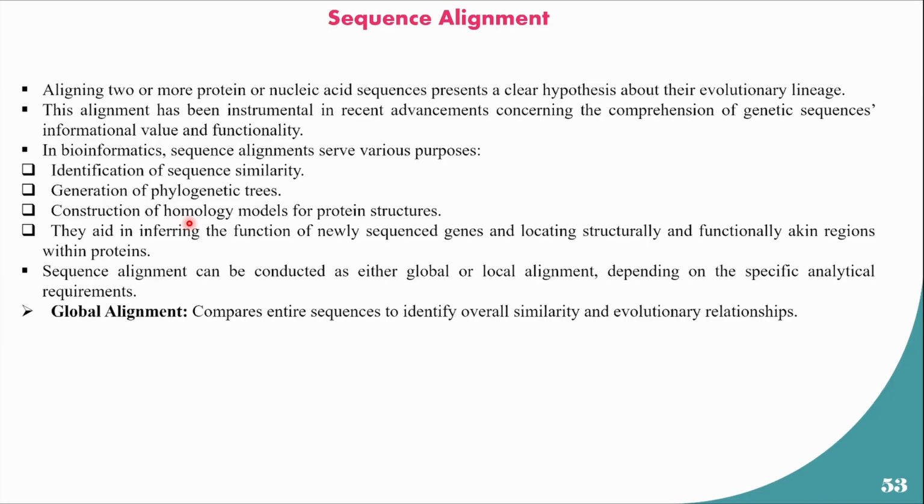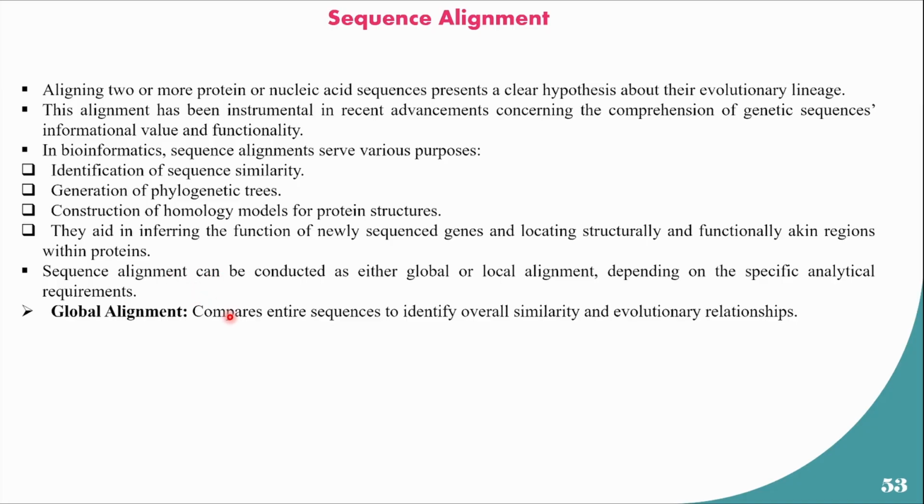Based on the aligned portions, you can infer a lot of structural information from the already available structure for the sequence that you aligned your new sequence to, right? So you can perform that analysis via homology modeling, and for that also sequence alignment is required. Of course, inferring the function of newly sequenced genes is important.